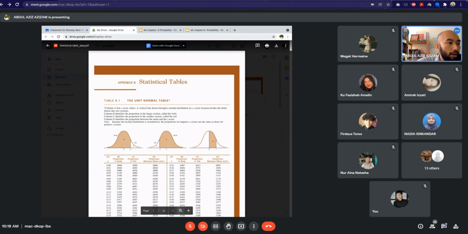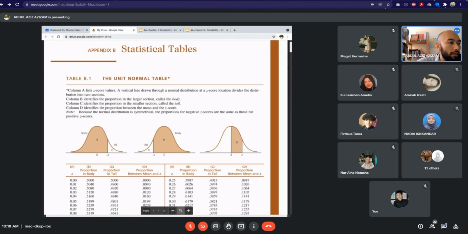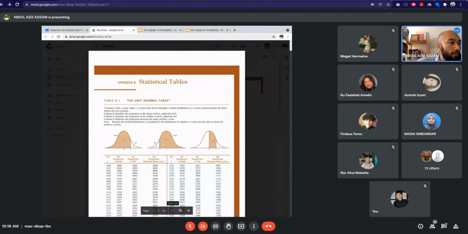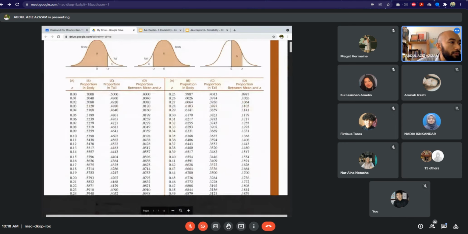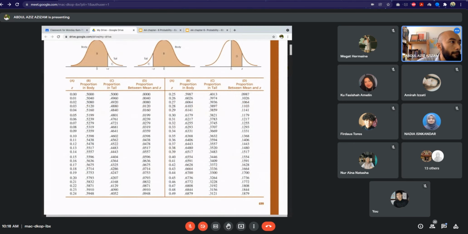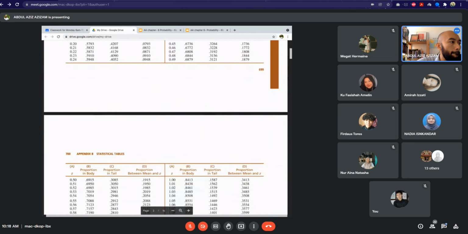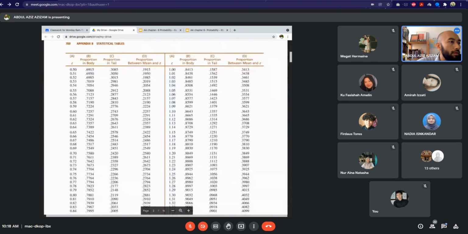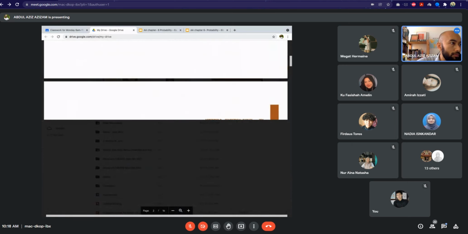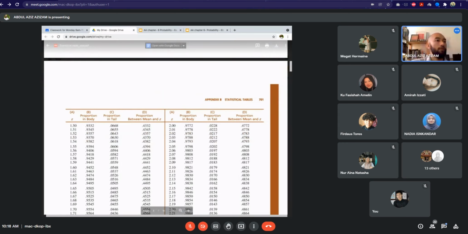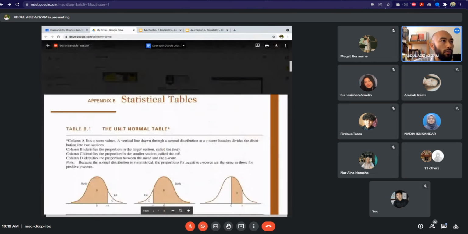Okay, ni I tunjuk statistical table, okay? Tunggu sikit. Okay. So kita gunakan statistical table untuk z-score.